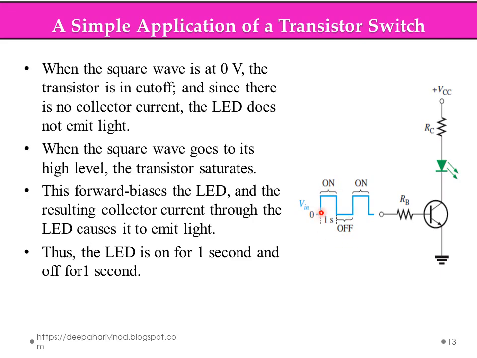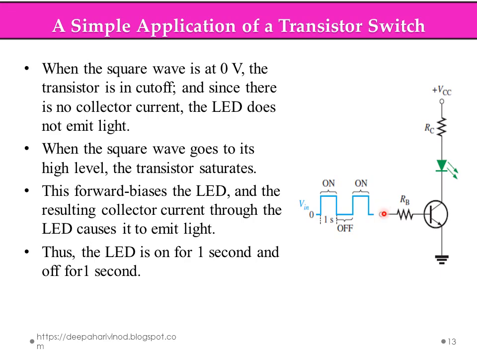This is one period, we can say 1 second, and it is a high pulse, and this is a low pulse, another 1 second. So when the square wave is at 0, the transistor is in cutoff, and since there is no collector current, the LED does not emit light.